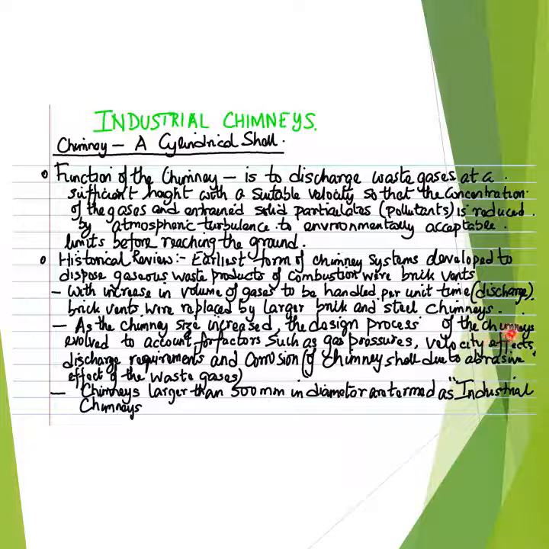As the chimney size increased, the design process of the chimneys evolved to account for factors such as gas pressures, velocity effects, discharge or exhaust requirements, and corrosion of the chimney shell due to abrasive effect of the waste gases. It may be noted here that chimneys larger than 500 mm in diameter are termed as industrial chimneys.